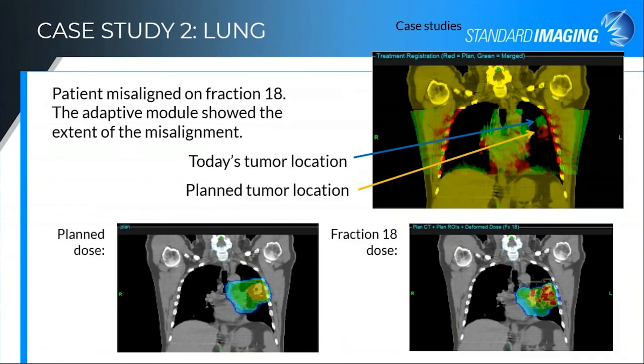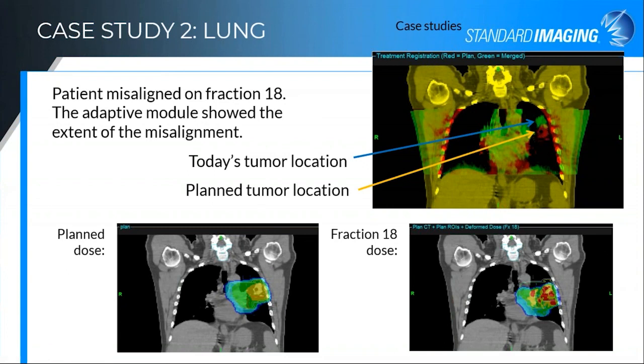Second case study is a lung patient, and we've seen this far too many times. I guess one is too many times, but it's kind of impressive, frightening I guess is the better word, that this still occurs. There's a patient misaligned on one of their fractions, and you can see in the overlay of the cone beam with the planning CT where the tumor is located today, where it was in the planning image.